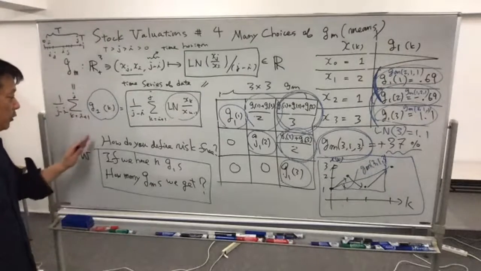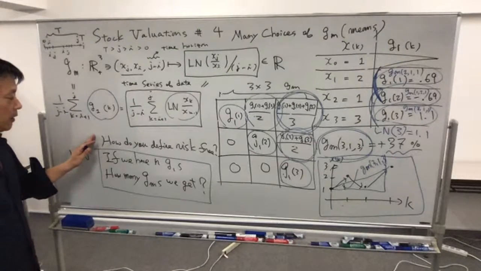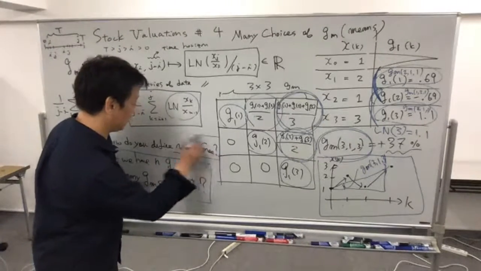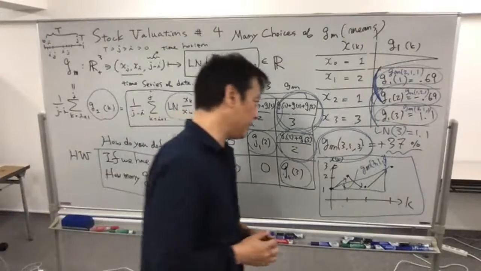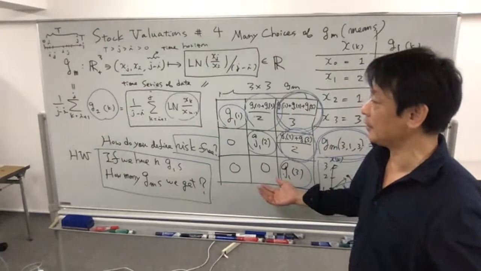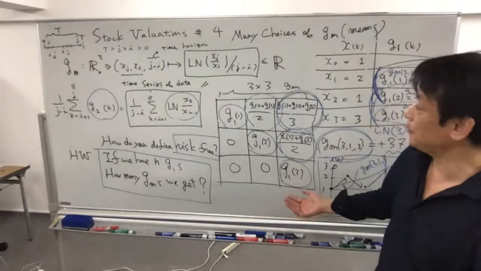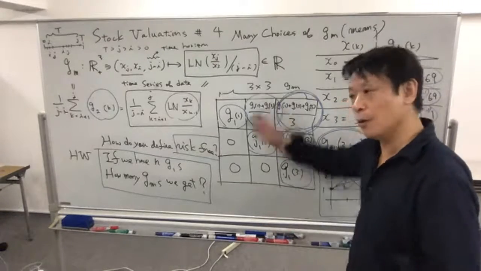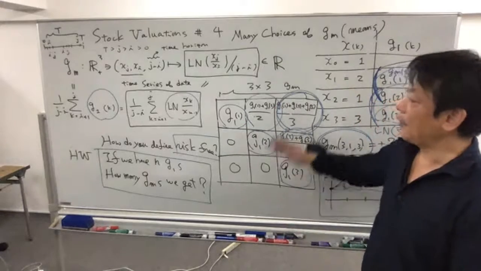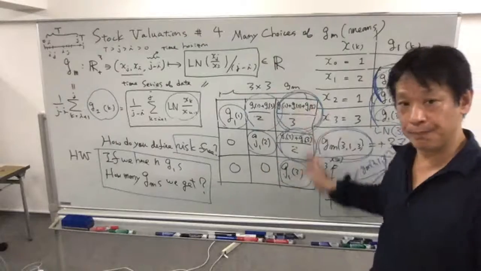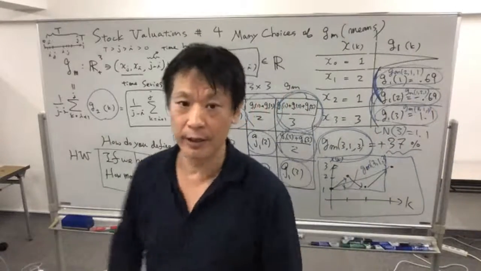Homework 2: how do you define risk-free? Risk-free means you have no risk investing in a certain financial vehicle. So how do you define risk-free by using these GMs? That's the homework for today.